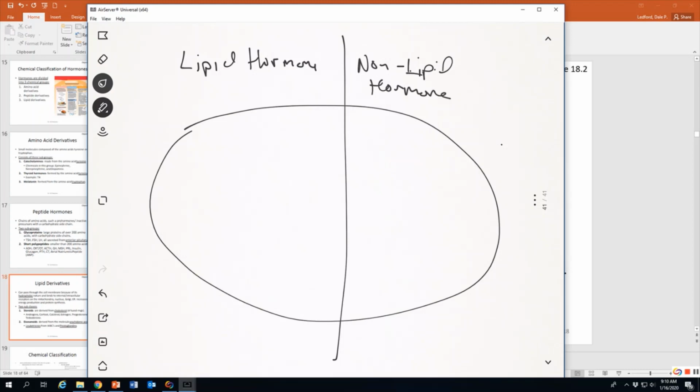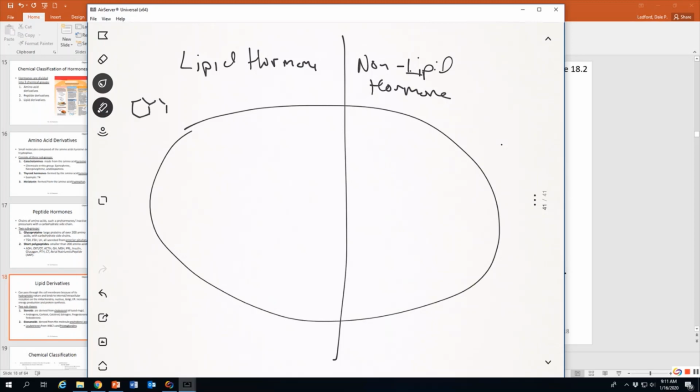Now, remember that cell membranes are primarily made of phospholipids. Given that, biochemically, the only thing that can go through the phospholipid bilayer without going through a protein is something that's lipid soluble. Well, guess what's lipid soluble? Lipids. So, let's say I have a lipid soluble hormone.